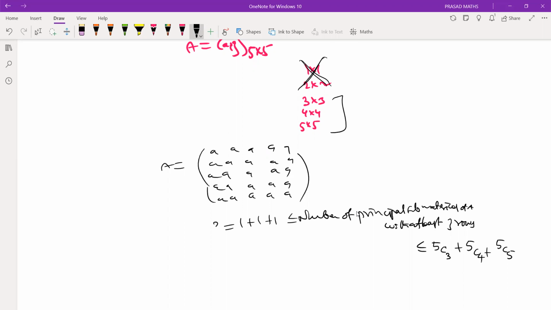This is 5C3 plus 5C4 plus 5C5. Is it clear? So for 3 rows, a 3 by 3 comes, a 4 by 4 comes, a 5 by 5 comes. Since there are 5 diagonal elements, select 3 from 5, then you get a 3 by 3 matrix. Similarly, 4 by 4 is also needed, so from the 5 diagonal elements, 5C4. That's it. Is it clear?